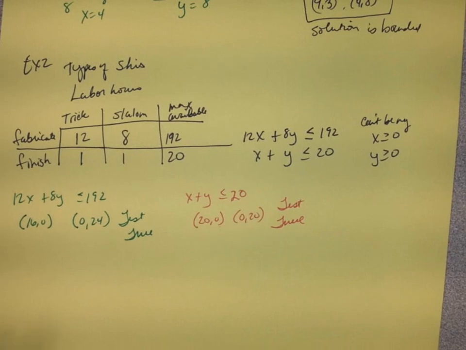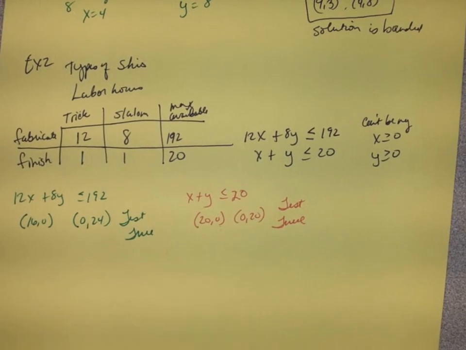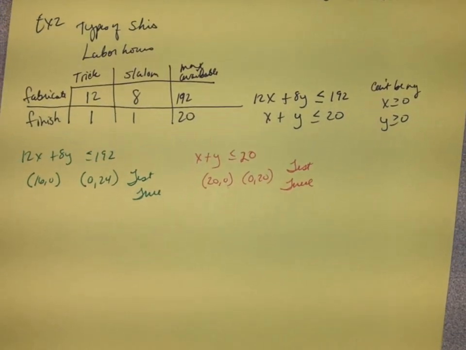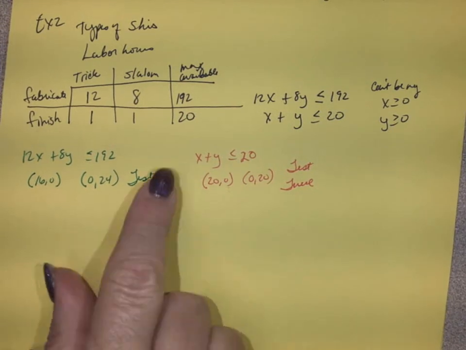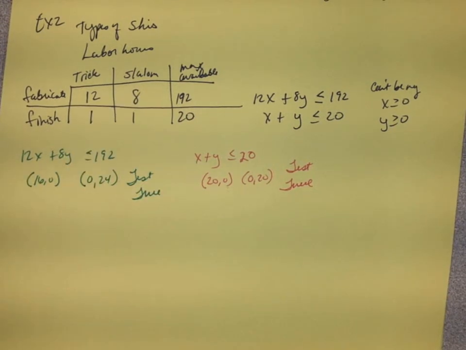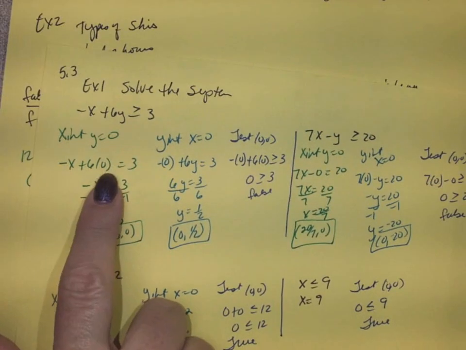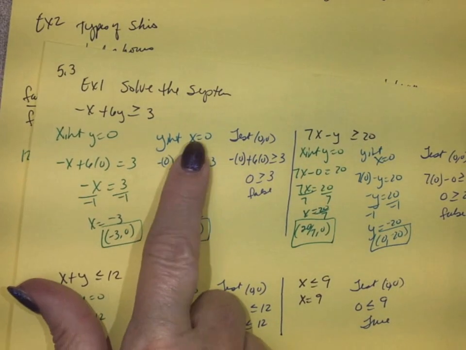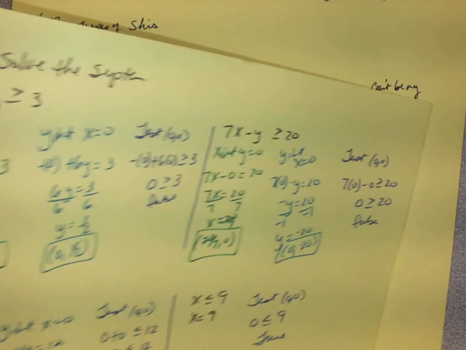Okay, so finding the x and y intercepts and the test. That way you don't have to listen to me do all of that. And you should know how to do that. If not, go back up the video and watch what we did on the last two, where we take our x-intercept, y equals 0, y-intercept, x equals 0, and put in test 0, 0.